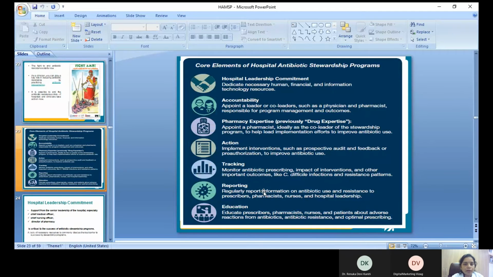So coming to the core elements of a hospital antimicrobial stewardship program, it includes strong hospital leadership commitment with accountability and a strong pharmacy expertise with a planned action followed by tracking, reporting, and education.